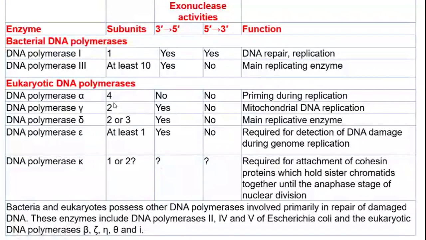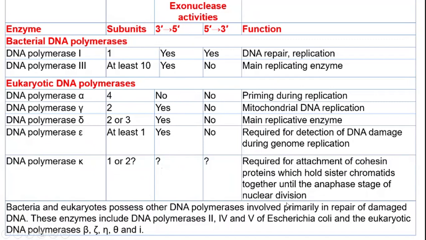For the eukaryotic system, the DNA polymerases are listed: alpha, gamma, epsilon, and delta. You can see also DNA polymerase kappa. The number of subunits are indicated. They are 3 to 5 prime, and then 5 prime to 3 prime direction, and what they can do is listed here.